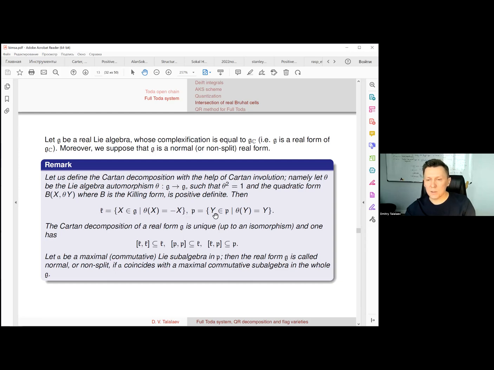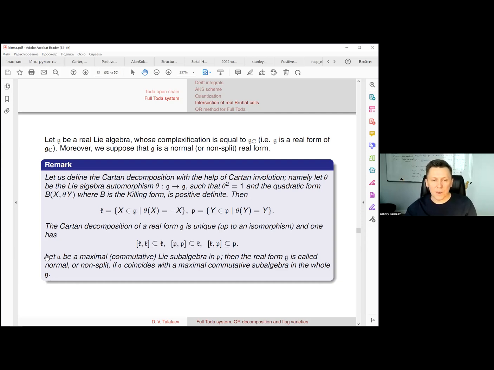And these subspaces represent the two-graded Lie algebra structure. So K is a subalgebra, P is a module over K, and there is this relation for the commutators of elements in this part.